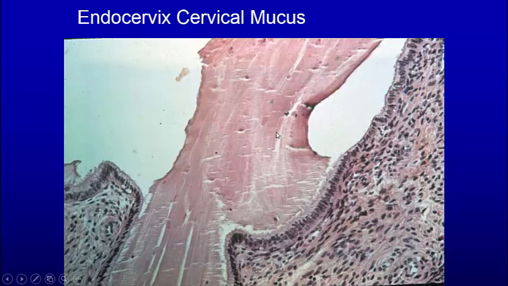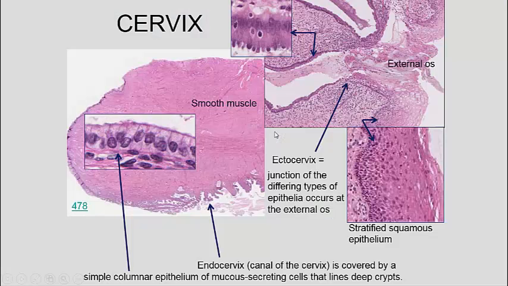Here we see the cervical mucus that's produced, and then as you come on down through here, we see the simple columnar epithelium of the cervix, and then all of a sudden it abruptly changes right at the exocervix. There is a junction between the two different types of epithelium, simple columnar and stratified squamous epithelium, and as a rule this is a site for cancer to occur.